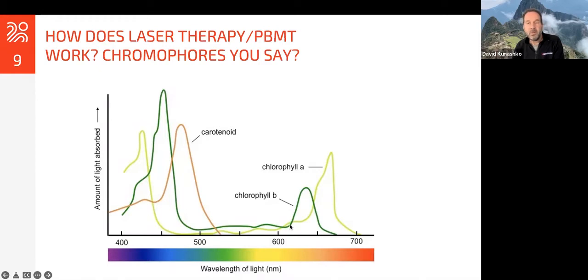Another chromophore in plants is carotenoids, which we're familiar with in the fall when leaves turn colors. They absorb lots of blue, violet, and greenish wavelengths, but they reflect red, orange, and yellow wavelengths, which is why they appear those colors in the fall.